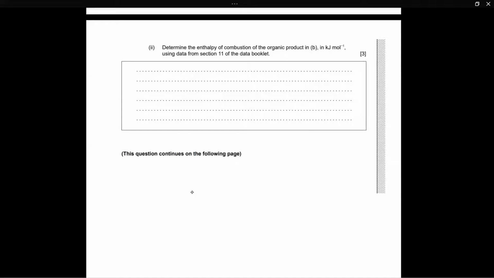It is the bonds broken minus the bonds formed. So this is the equation for calculating the enthalpy of combustion using bond enthalpies.